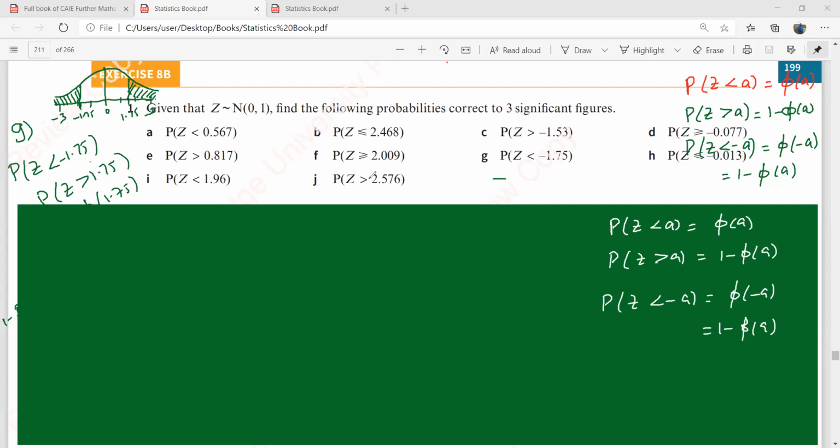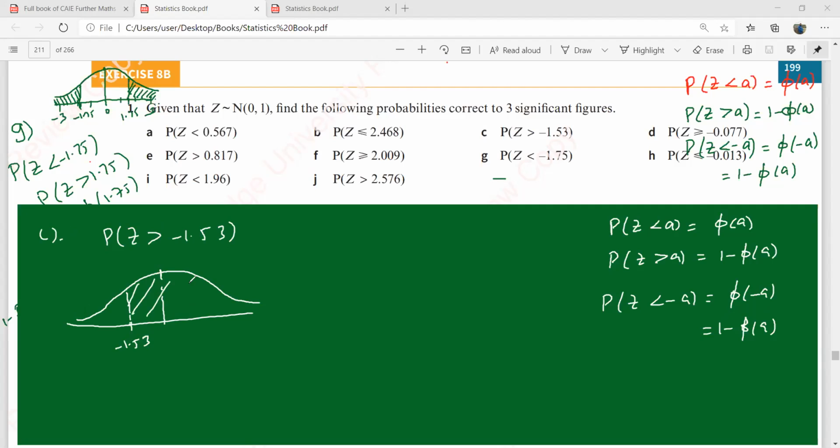Then look at this C part. In the C part, you have probability Z is greater than minus 1.53. If you draw the diagram, this will be very clear. If this is your minus 1.53, he wants you to give all this area.